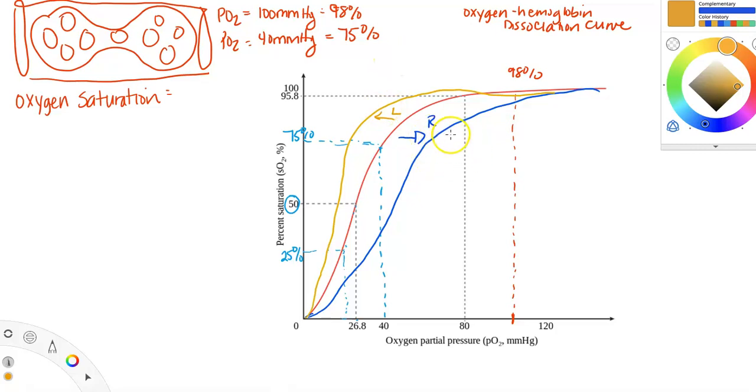So to move to the right, one thing that will cause the curve to move to the right is exercise. And the reason why exercise does that is because exercise will increase body temperature, and that will move it to the right.